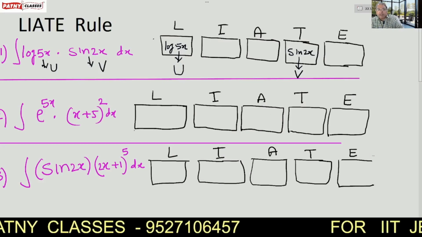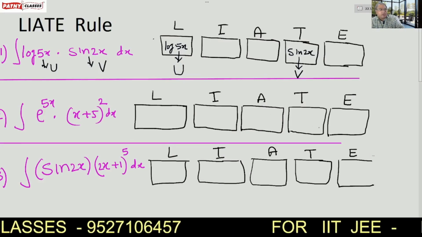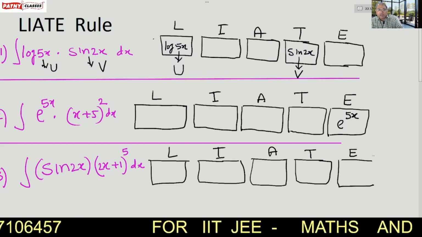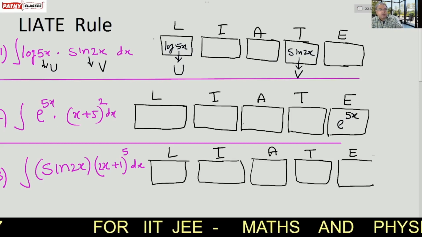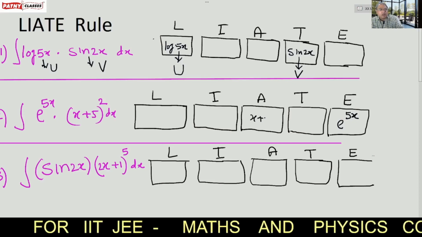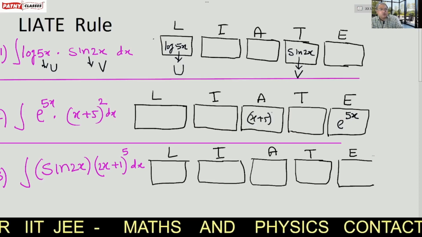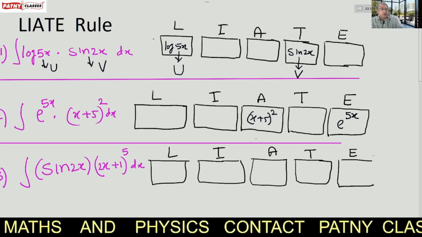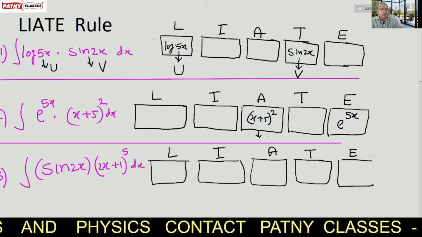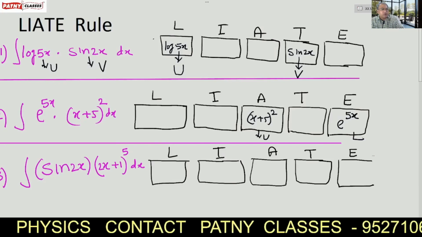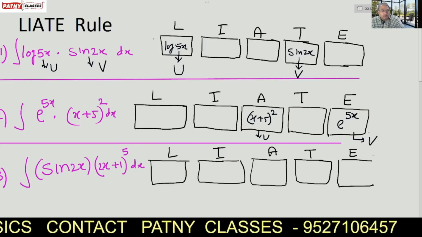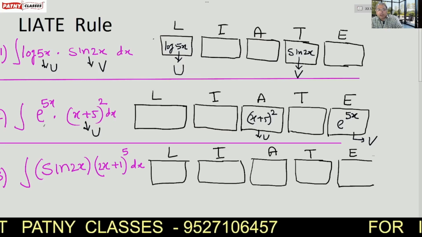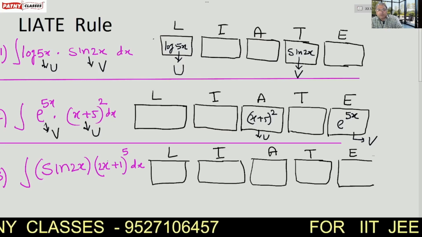In the second example, e raised to 5x goes in the exponential box, and (x plus 5) whole square goes in the algebraic box. Who is written first? (x plus 5) whole square is first, so that becomes u, and e raised to 5x is later, therefore it becomes v.